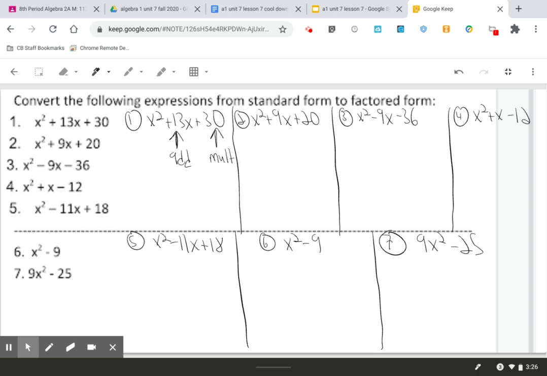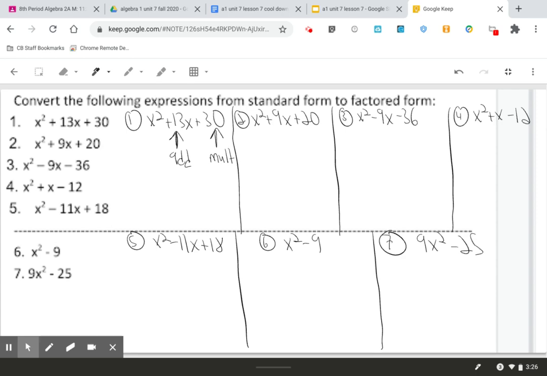So we need two numbers so that when I add those two numbers, I get 13. And when I multiply those two numbers, I get 30. I need to think of two numbers that when I add them, I get 13, and when I multiply those same two numbers, I get 30.